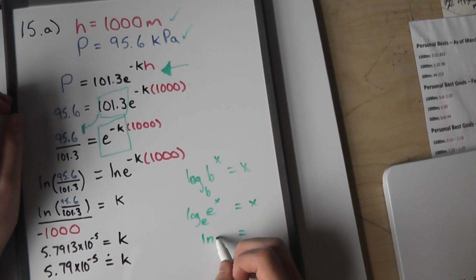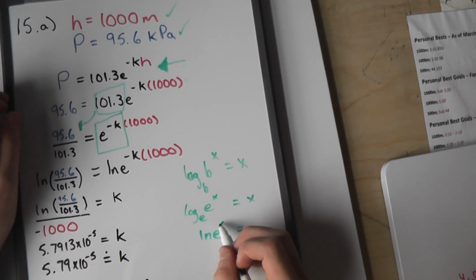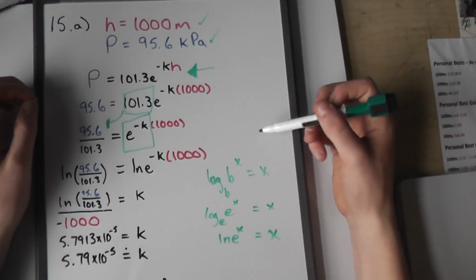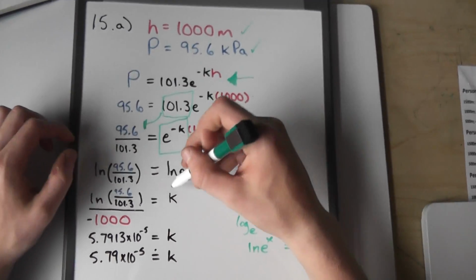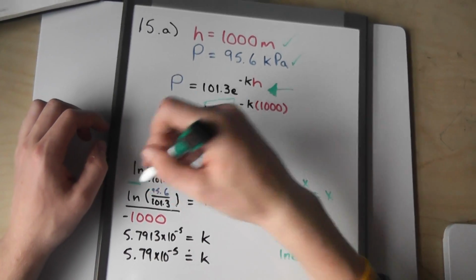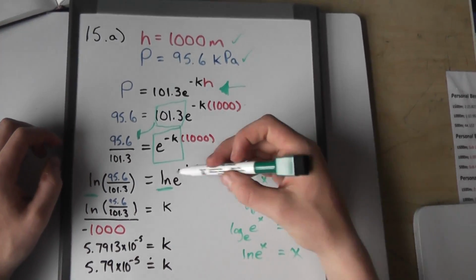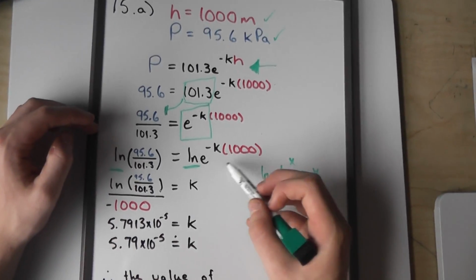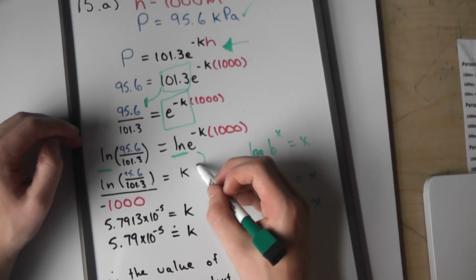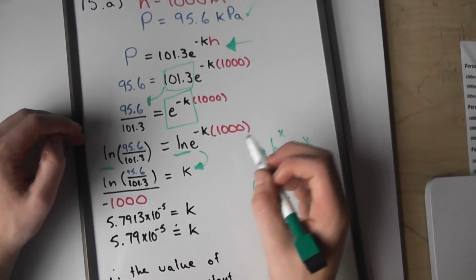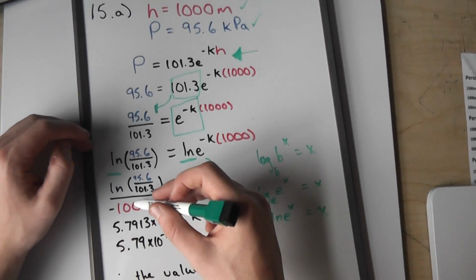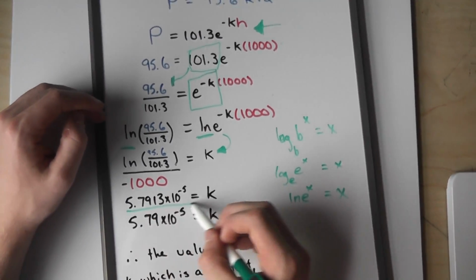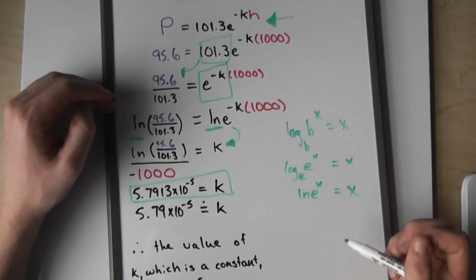So ln e to the x equals x. So what we're going to be doing is taking the ln of each side to get k down from the exponent, and then we can easily solve for k. So that's what we've done here. We've brought k down, we've divided by negative 1,000 to get rid of the negative, and here we come up with our value for k.